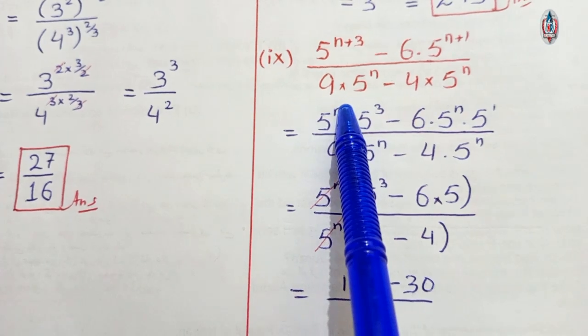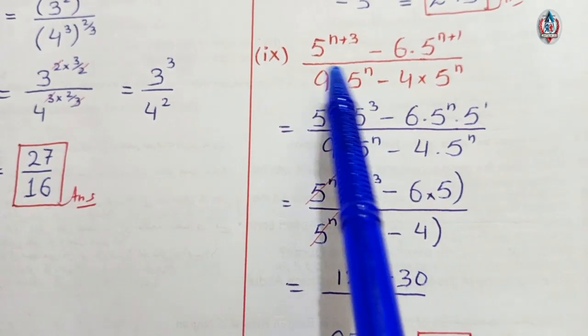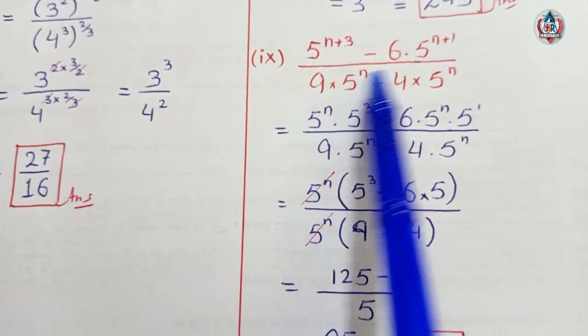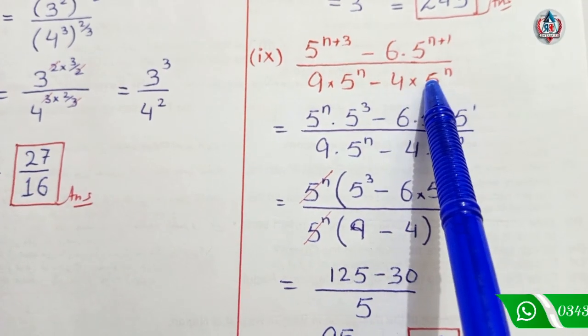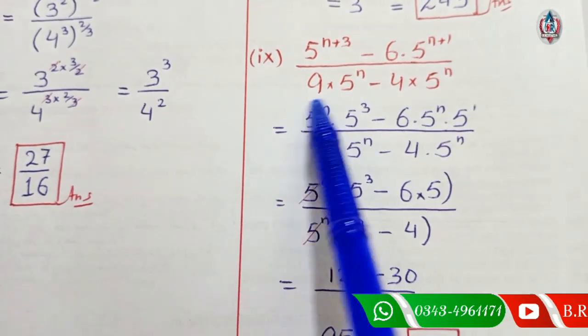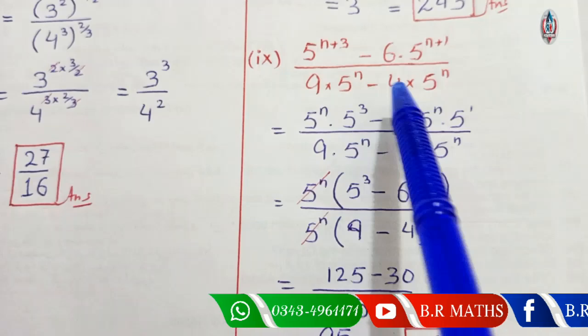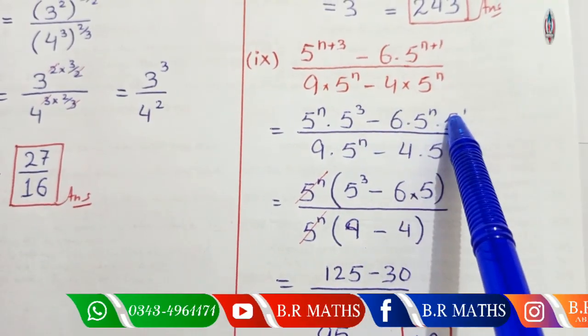Finally, the last part of question number 2, the ninth part: 5 raised to power n plus 3 minus 6 times 5 raised to power n plus 1, over 9 multiplied by 5 raised to power n minus 4 multiplied by 5 raised to power n.